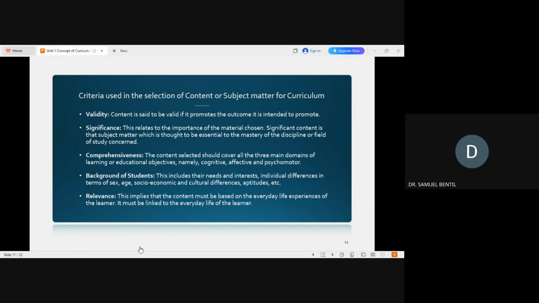When you go and do a map of Ghana, you are citing examples of a map that reflects those times when we were using the 10 regions. Though it is relevant, it is valid in helping us achieve the map of Ghana, but in terms of significance, making sure that you get the right information and the right knowledge to be a master in that discipline, there will be a deficiency there.